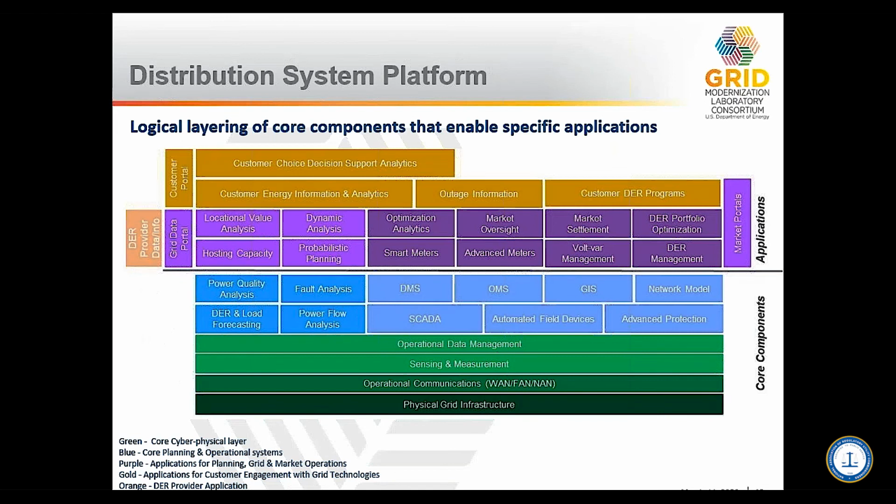So one of the things we've done is we've taken a series of generic technology categories, and we've laid them out in a structure here that's maybe called a technology stack, of some of the common grid modernization technology categories, to illustrate which ones we believe are core components.